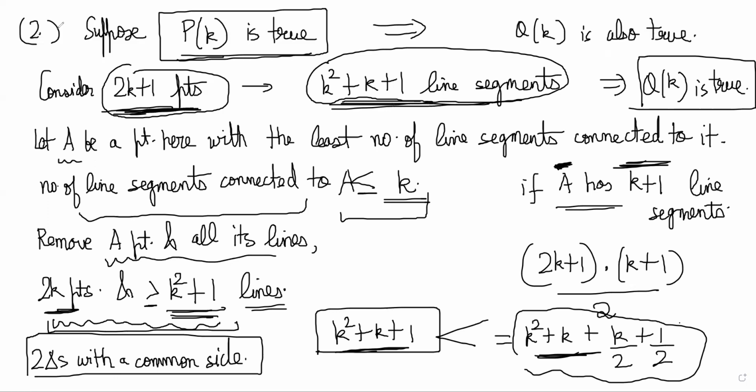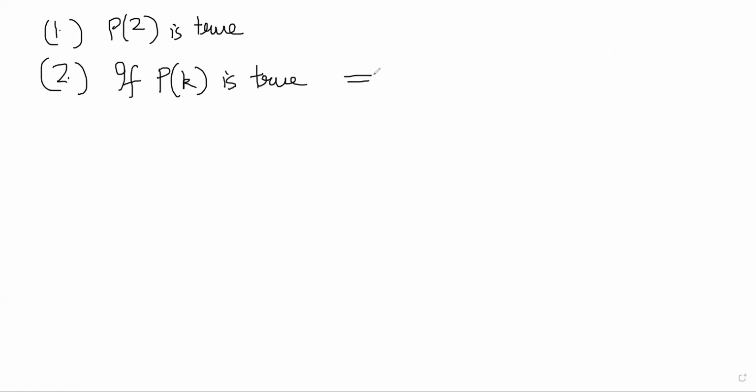So far what we have achieved is we have proved P of 2 is true. And we have shown that if P of k is true, Q of k is true, right?